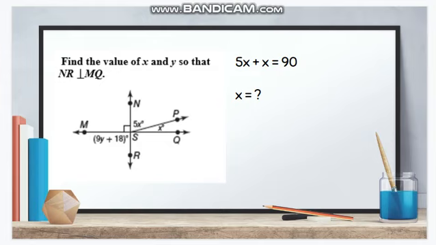So we can set 5x plus x equal to 90. So find x. Here are your possible answer choices. Pause if you need a little bit more time. And the correct answer is going to be 15. 5x plus x is actually 6x, and 90 divided by 6 gives us 15.